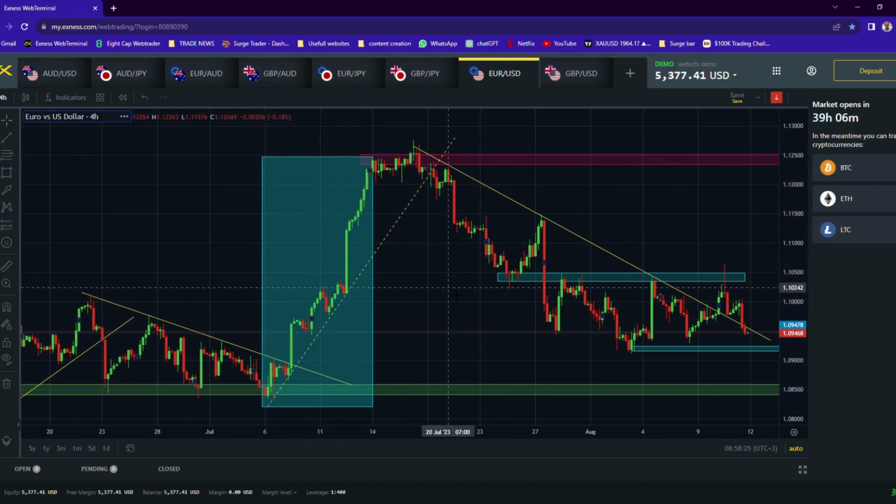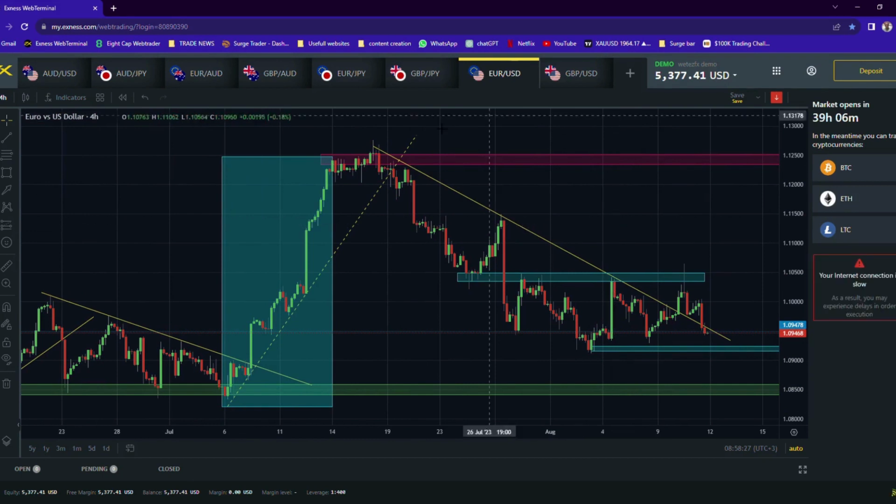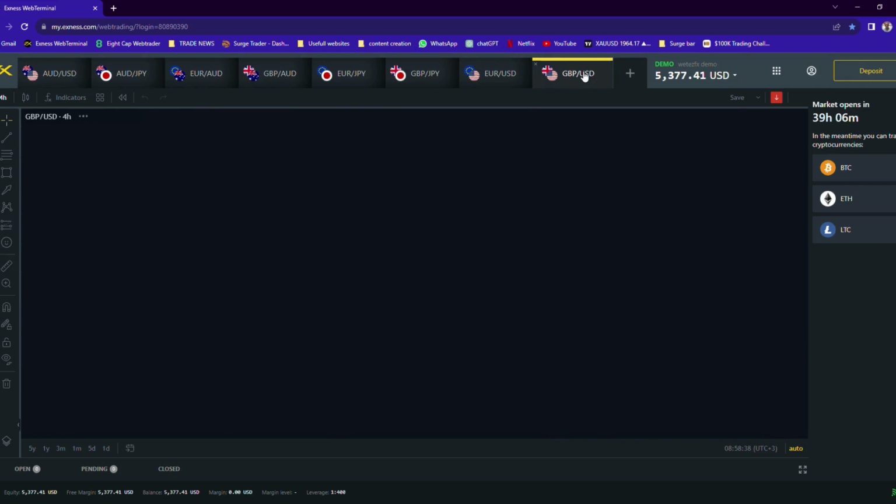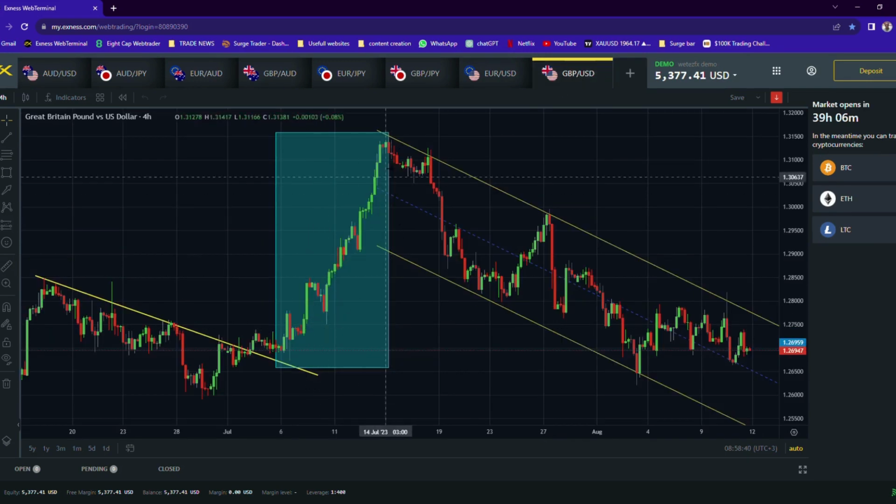Now, what I mean by this, always when you're trading, try to diversify your portfolio. Don't stick to only one pair, because Euro USD and GBP USD always present a similar market structure in the general outlook.